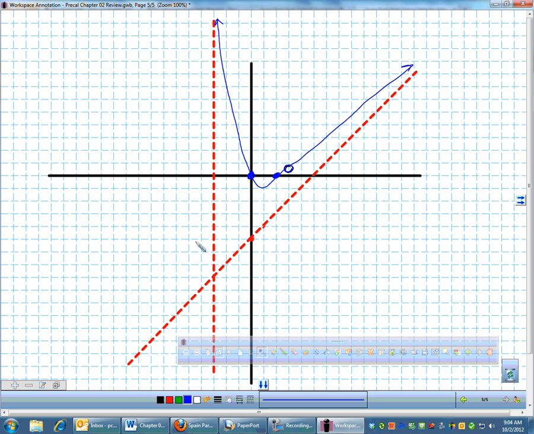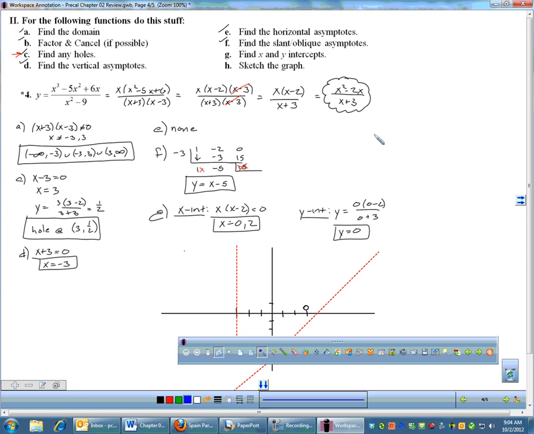And then what I'm going to do is plug in -4 just to see where my graph is. I plug in x equals -4. I get a y coordinate of -4 times -4 minus 2 all over -4 plus 3.